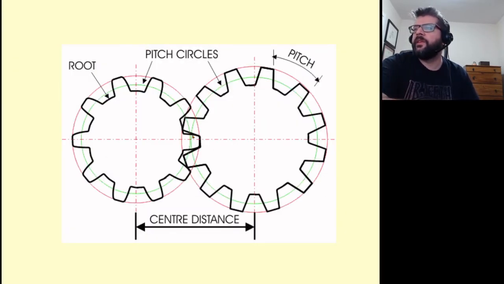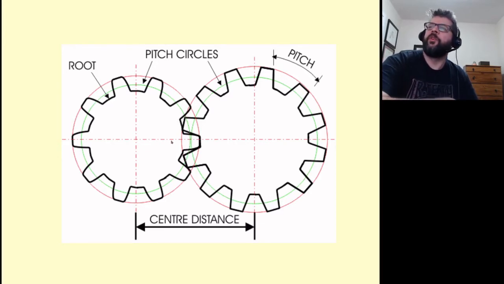Like I said, the pitch circle is where the teeth are going to be in contact when the point of contact is directly between the two center lines. It's not necessarily where they're in contact in this situation where it's meshing up here.